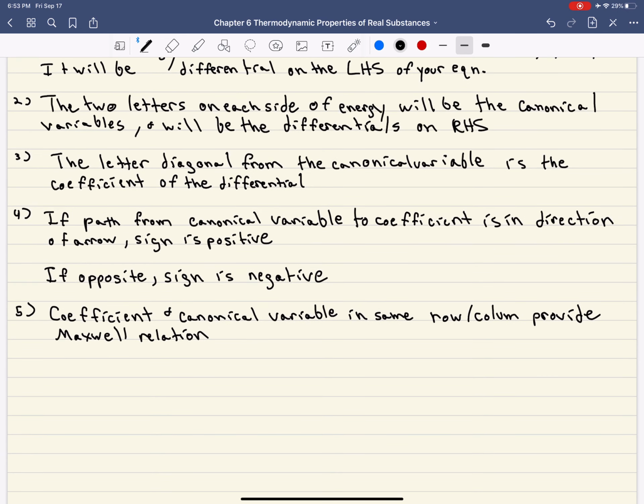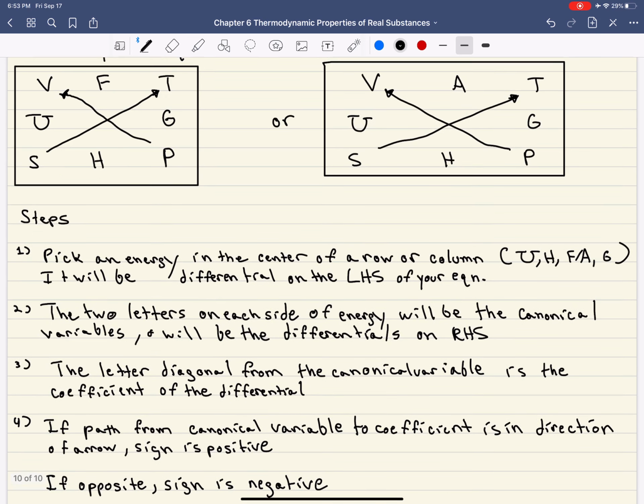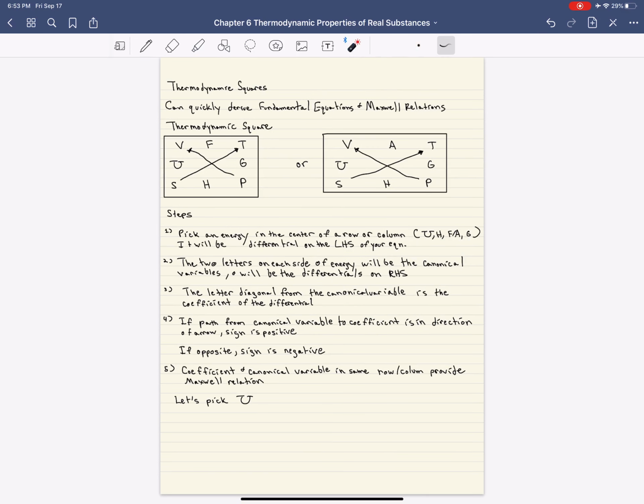Like I was saying earlier, let's start with one that we know: internal energy. All right, so here, if I zoom out, we pick U, and so on the left-hand side of the equation, we would write dU. Flanking U are V and S, and so we would write S and V in the differentials.